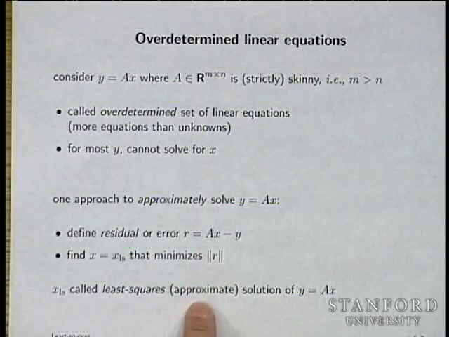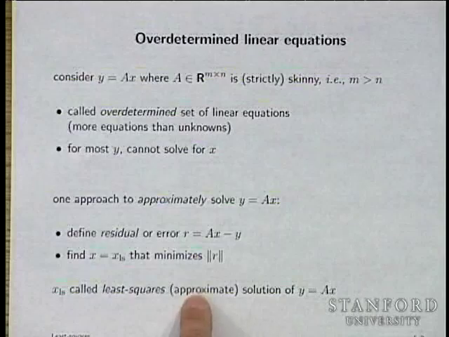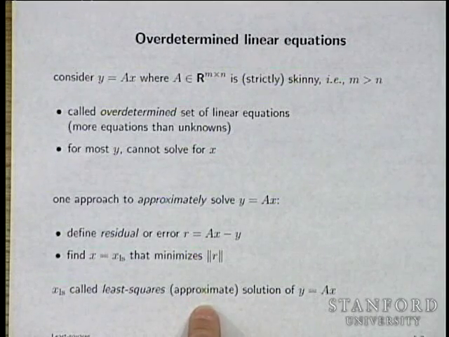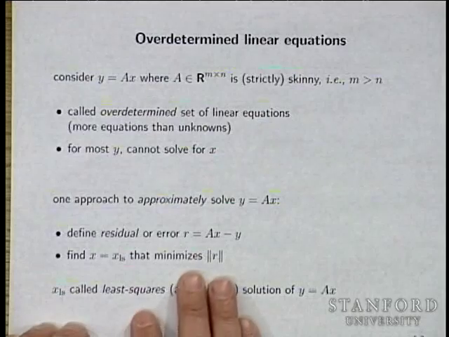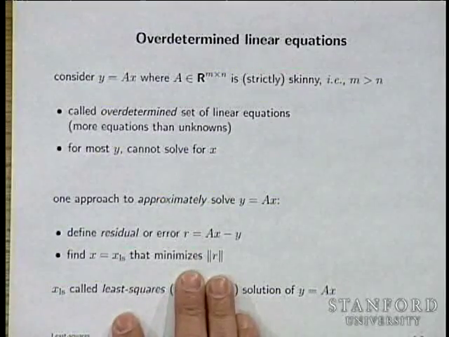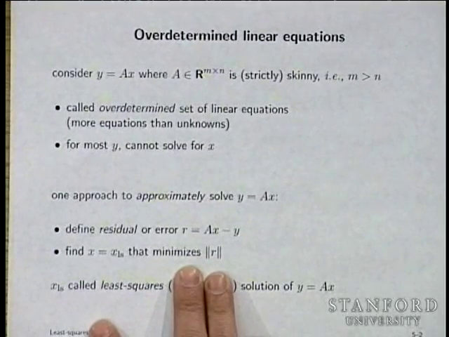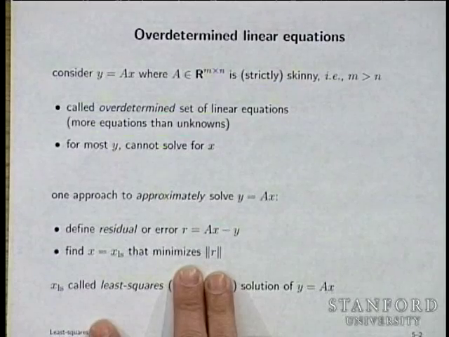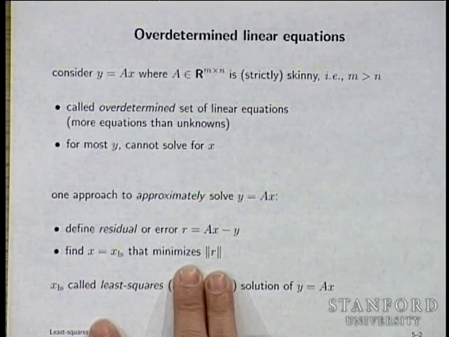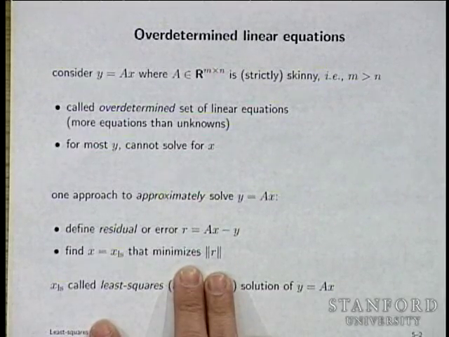Now, here, I'm going to insist on using "approximate." I hate to tell you that on the streets, you would call this the least squares solution of y equals Ax. This drives me insane. Because whenever somebody says the blah, blah, blah solution of y equals Ax, I presume, in particular, x solves y equals Ax. And it's very important to understand in this case, it does not solve it. That's the whole point.